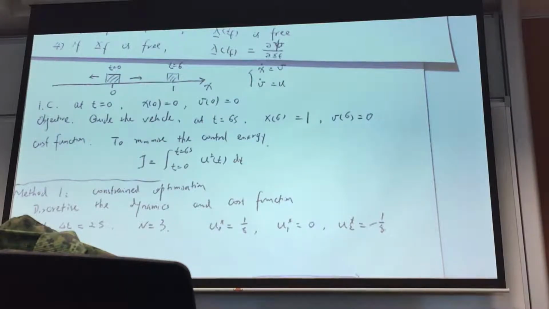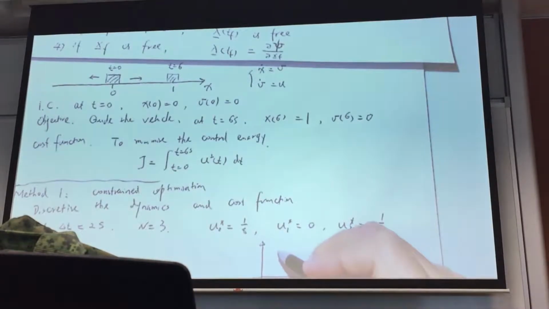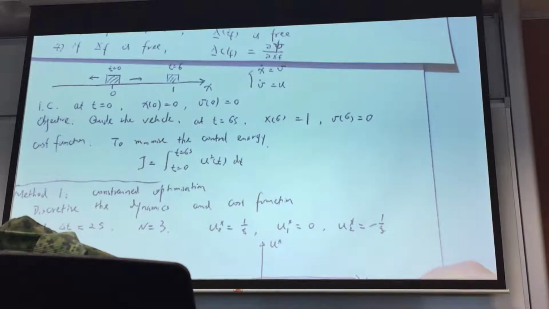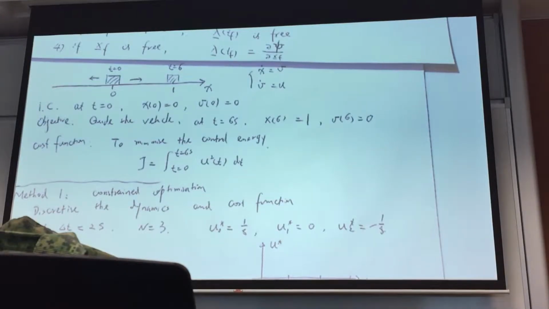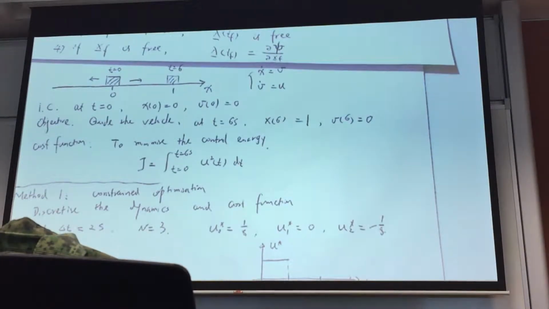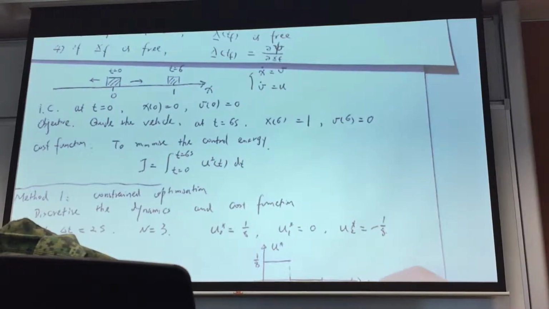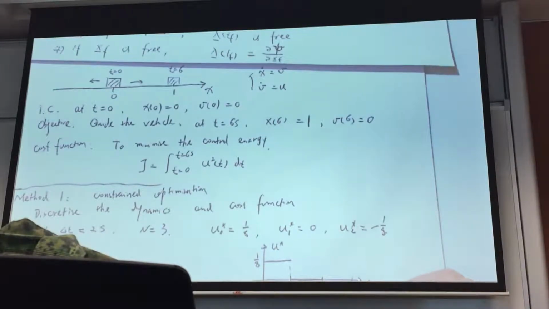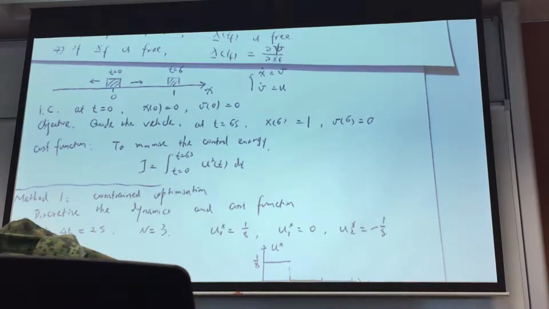Remember, our solution can be graphically illustrated like this. For u star, we have this time axis: 2, 4, 6. From 0 to 2 is just the first index, k equals 0. This one is 1/8, the second one is just 0, and the third one is minus 1/8.